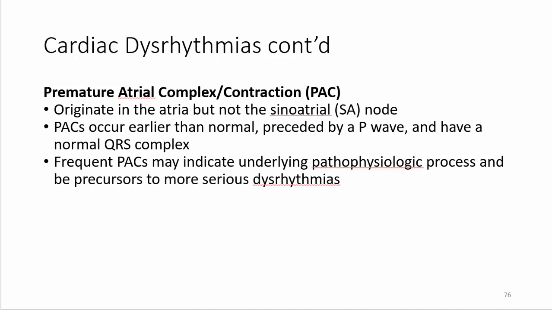They generally have a normal QRS, but the atria is contracting inappropriately, which is going to affect ventricular filling, and it's going to affect cardiac output, but not really affect the QRS, or ventricular systole.